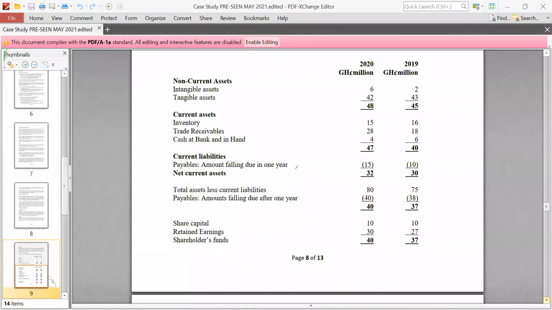So can we say that probably when they ventured into Sierra Leone, they bought a company there, and that resulted in goodwill?